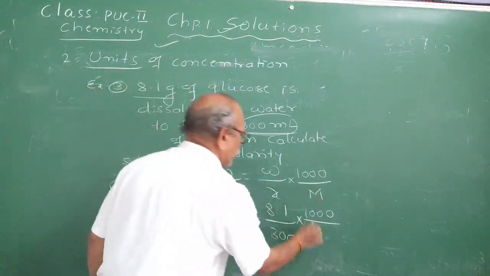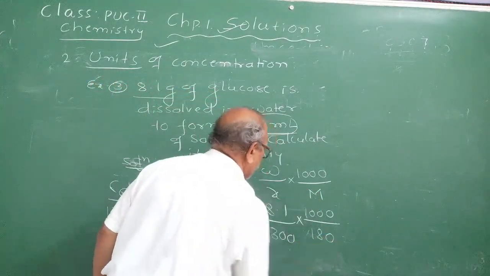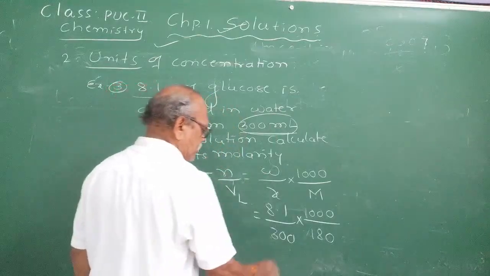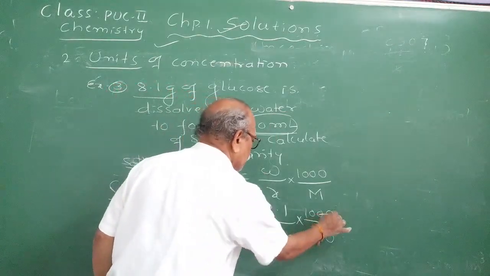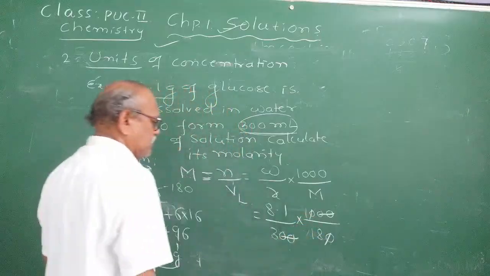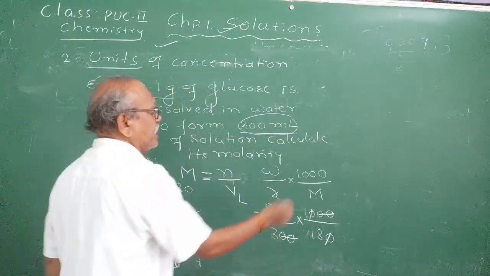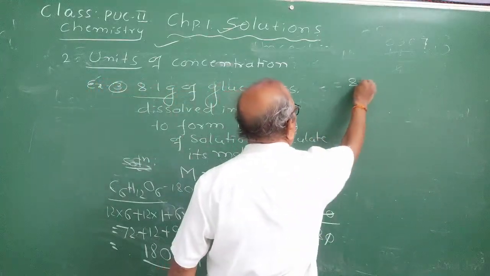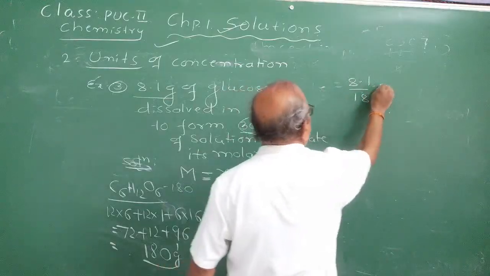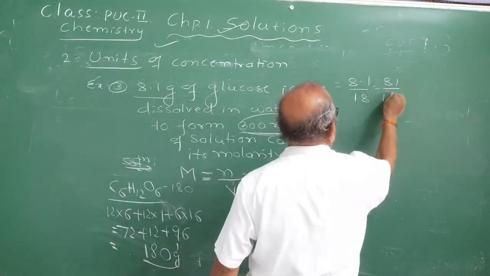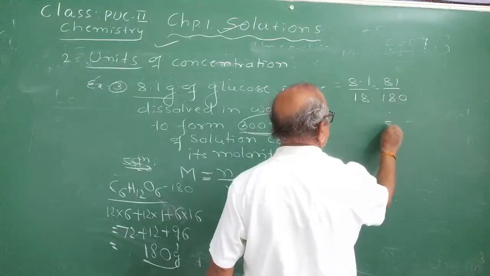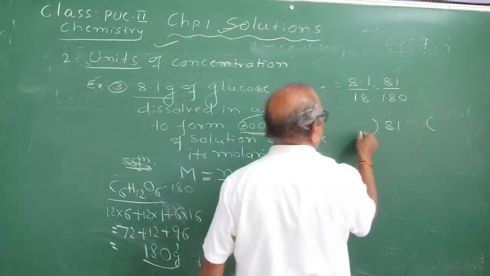You can substitute the value. This is 180. Now you can calculate easily. 2 zeros cancel. Now divide 8.1 by 18. You can write it as 81 upon 180. Now start dividing by 180.